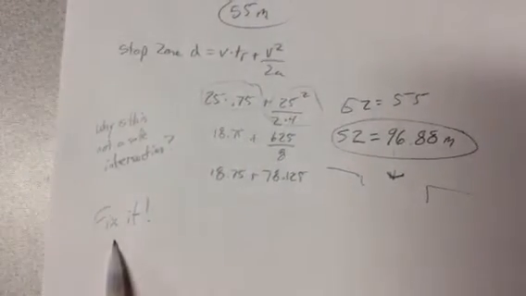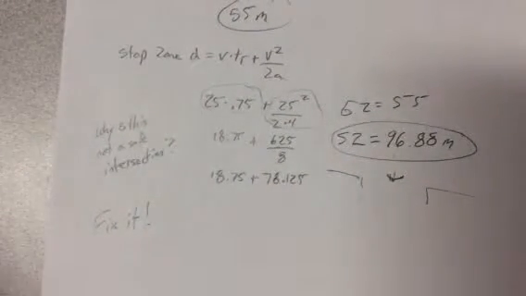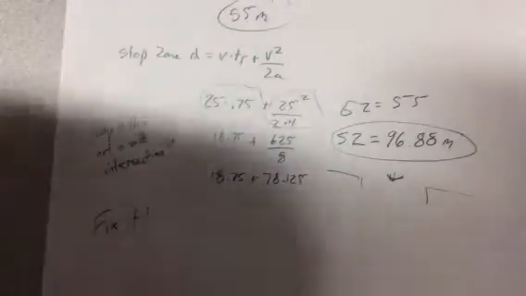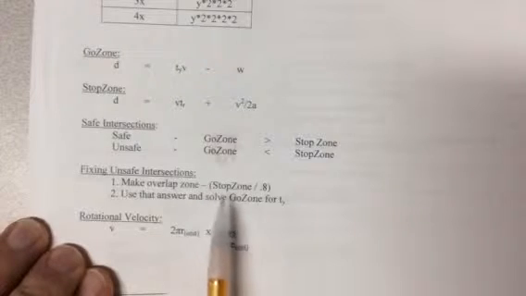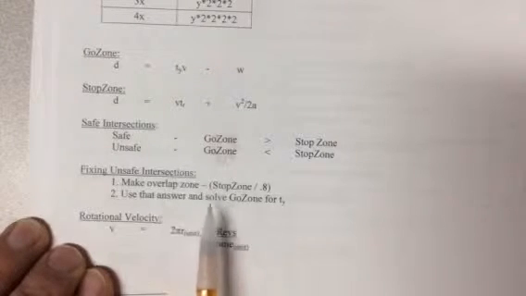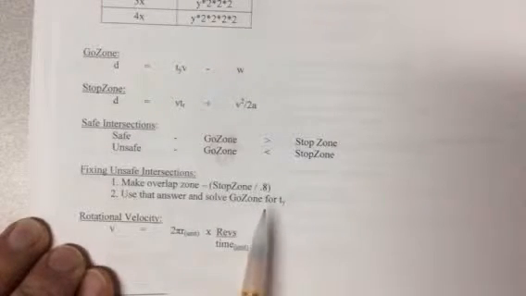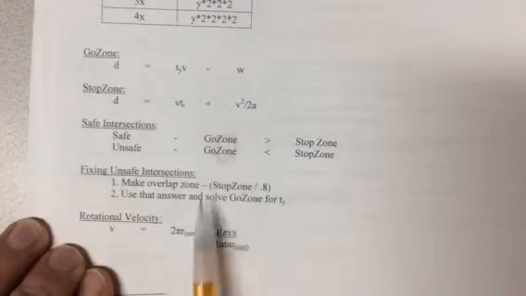Final question, how do we fix it? If we go to page 2 in your packet, it tells you how to fix it. Let's see. Oops, right here. Okay, make an overlap zone, stop zone divided by 0.8, and then use that answer and solve for go zone. So tomorrow on your test, make sure you're using this to help you.